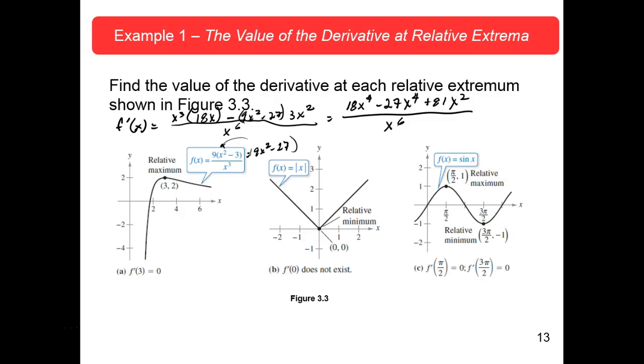Now, anyone think of anything we might do here to simplify? In the numerator, you certainly can. It's not going to help you a lot, but it might do some. How many x's can we get rid of? 2.